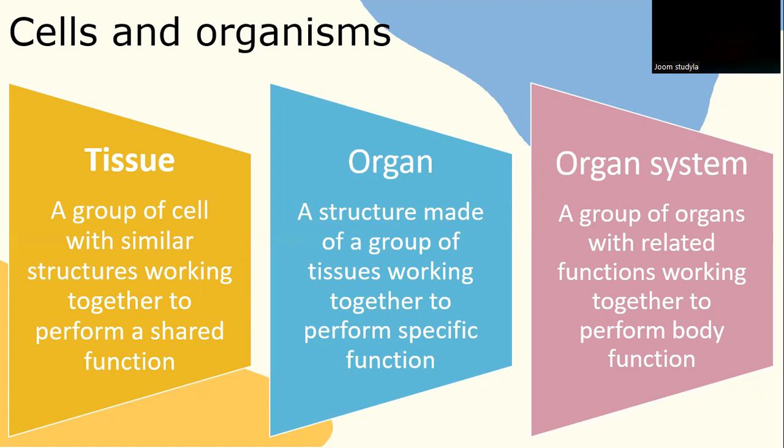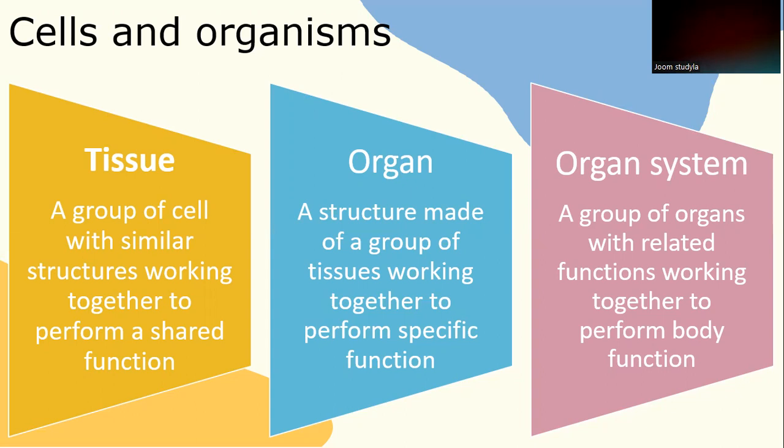And what is an organ? An organ is a structure made of a group of tissues working together to perform a specific function. For example, the stomach is an organ, and other organs include the heart, kidney, and lung. And in terms of plants, a leaf is another example of a plant organ.